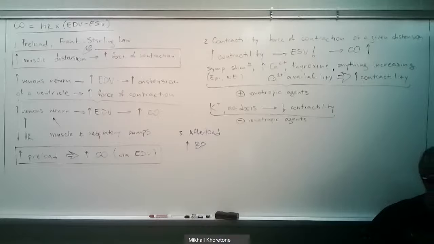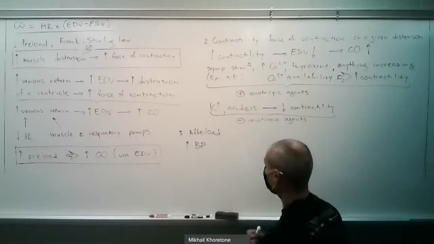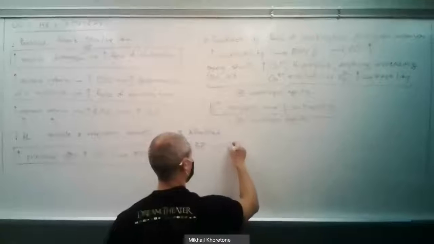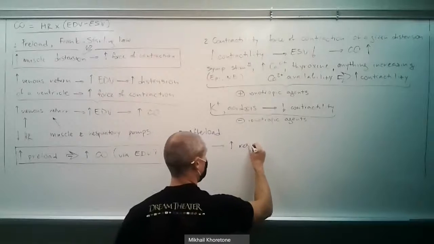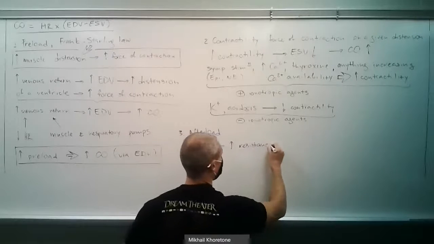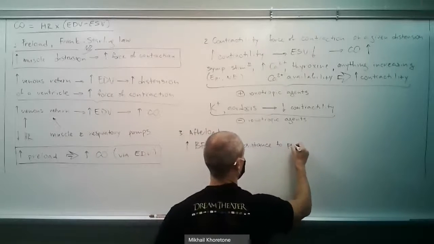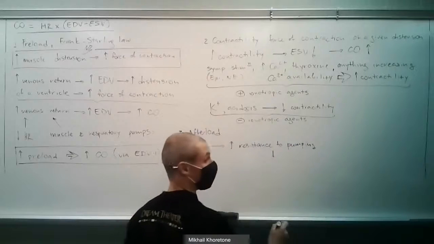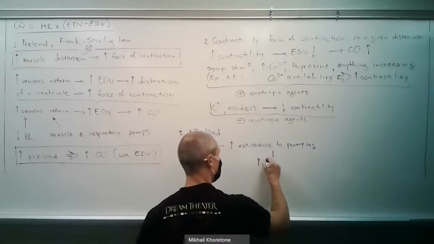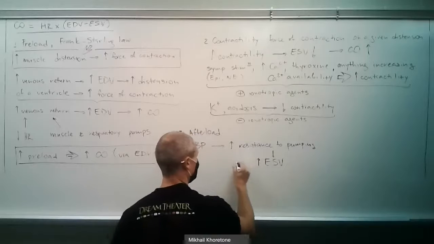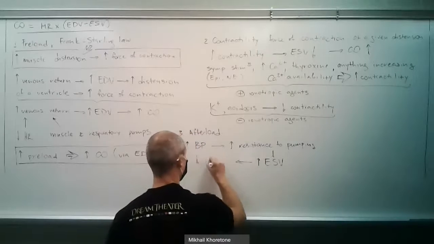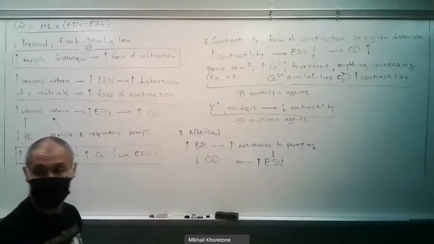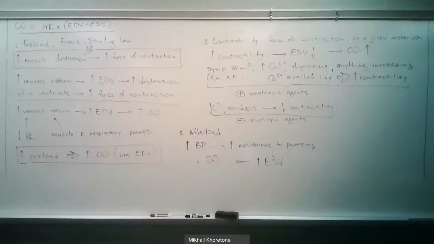So in fact, in people with elevated blood pressure, you're going to have higher resistance to pumping, which essentially will lead to increased ESV and decreased cardiac output. Does that make sense?